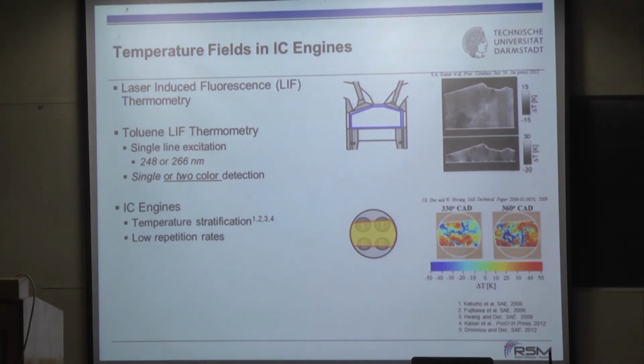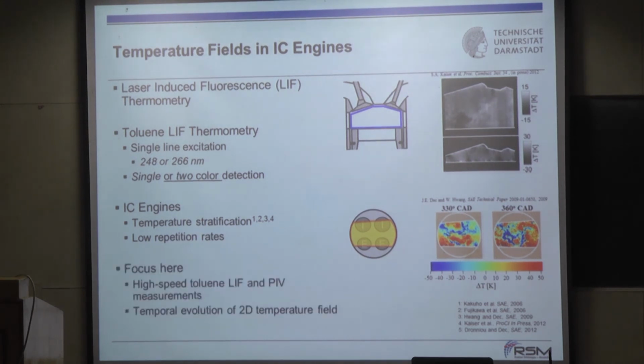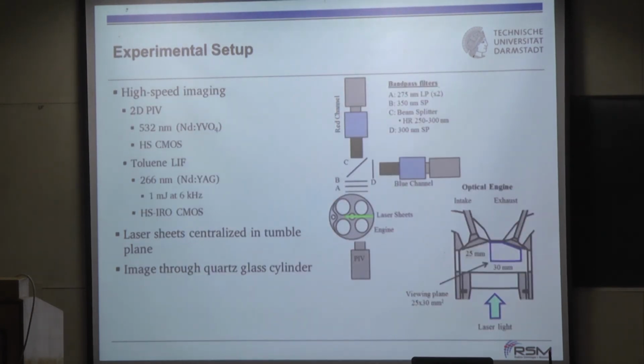And that has been done before we did it as well, from people like John Deck, but at low repetition rates, just one shot per cycle. And we try to extend that for high-speed measurements and combine that with PIV to get information about the flow field and the transport there. And this again is what you have seen, this view graph, just to remind you how it was done.